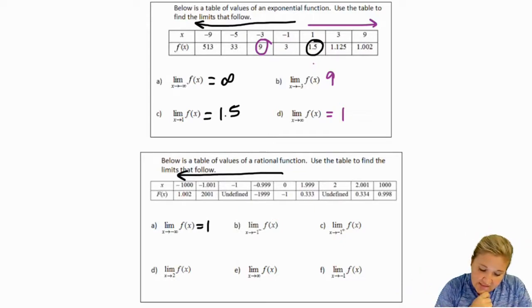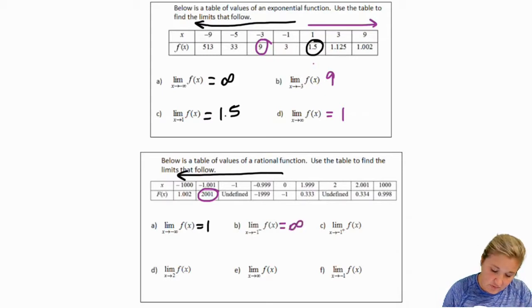The limit as x approaches -1 from the left. So I want to look at these numbers right here. Okay, so this number is a very, very large number, 2,000. So I would say as it approaches from the left, you're going to have positive infinity. It's going to be very, very large. Remember, we kind of talked about this.